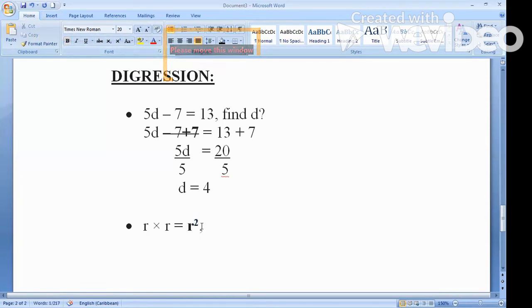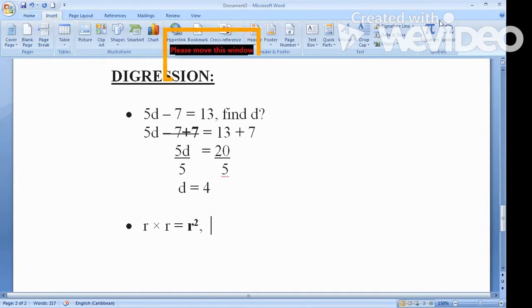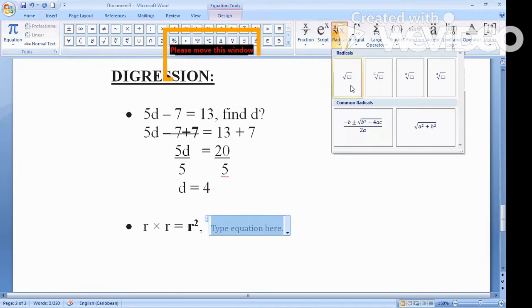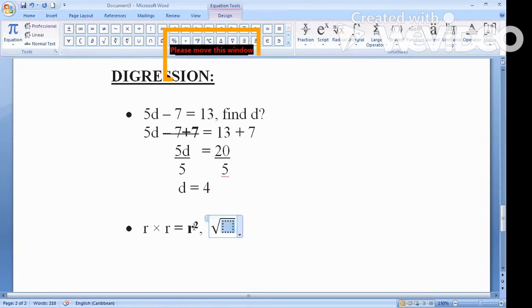It's like a revision. We're getting rid of the square. So what do we do to get rid of the square? We square root it. Square root.